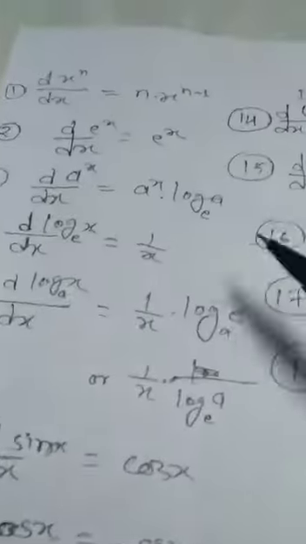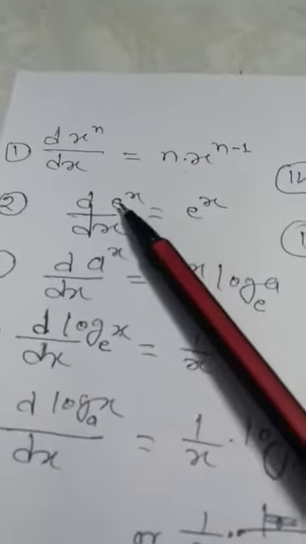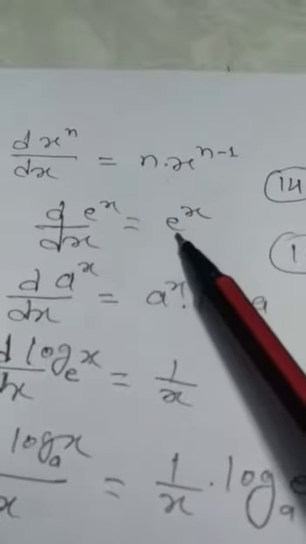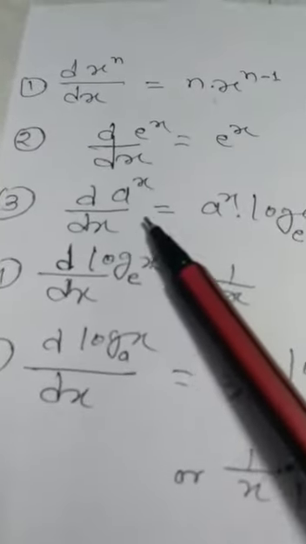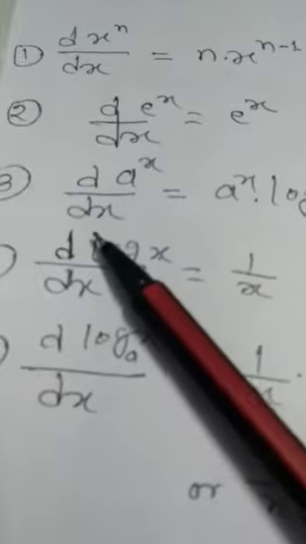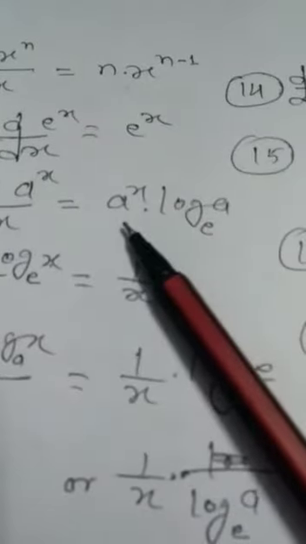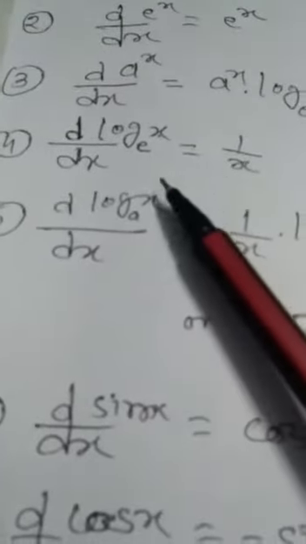You have seen so many other standard derivatives. Whenever e to the power x is differentiated with respect to x, the result does not change, it becomes e to the power x. Whenever we differentiate a to the power x, or any constant to the power x, with respect to x, it becomes a to the power x into log of a to the base of e.